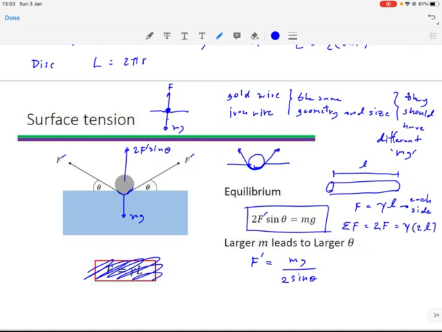This F palm will always be less than gamma L, and the maximum of F palm can only equal gamma L. That is the maximum force with which the surface tension force can hold the object.